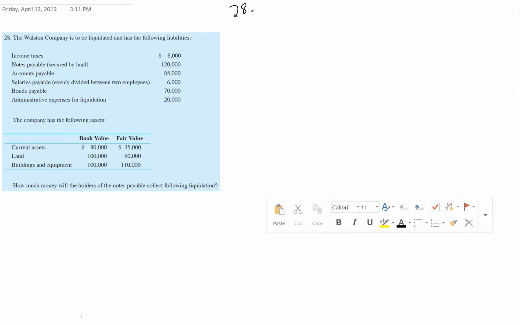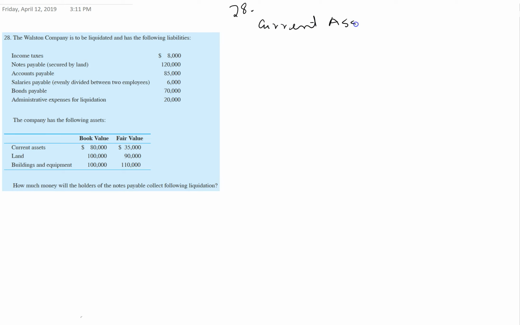Now how about the current assets? Yes, we have current assets, and of course we will consider the fair values, and that may include cash, account receivables, inventories, and we have buildings and equipments. So we'll check what are the free assets. We have current assets, which is $35,000.